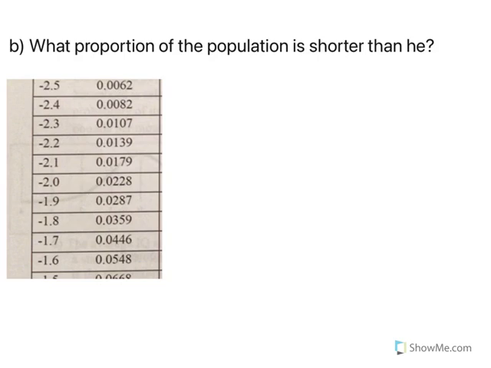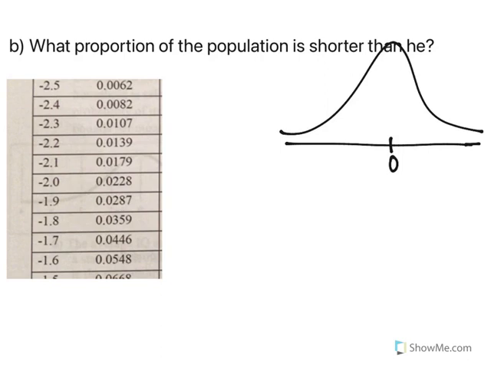What proportion of the population is shorter than Danny DeVito? Y'all, I'm a big fan of drawing this out, right? So if we're talking normal distribution, we know with z-scores, the mean has a z-score of 0. So here's negative 1, here's negative 2. So here is our Danny DeVito at negative 2. If we want shorter than that, we are looking at the area to the left.